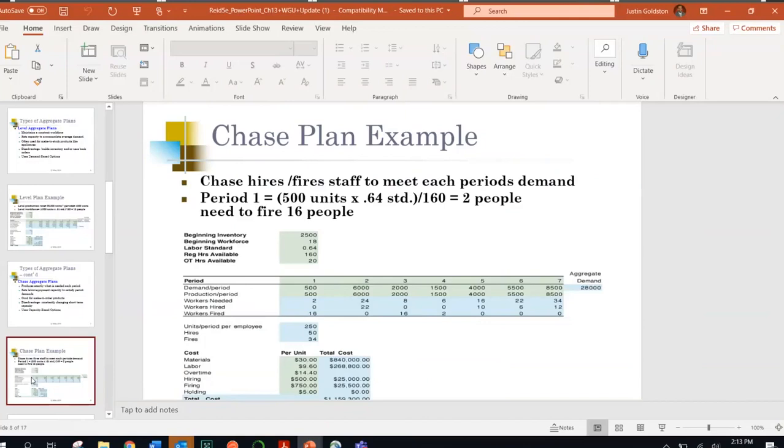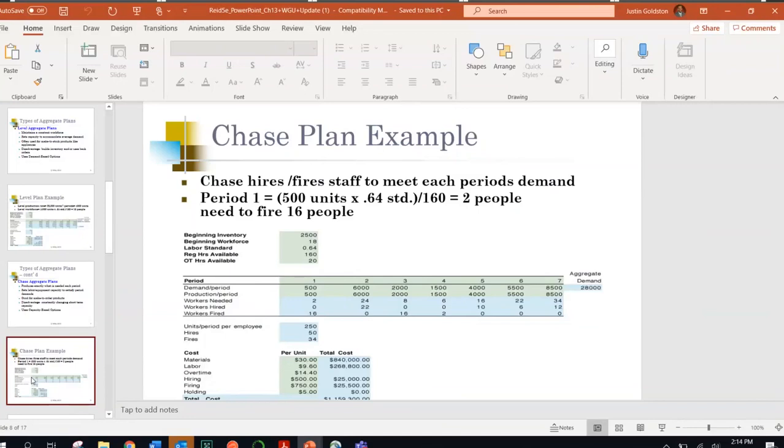Before Tesla built these gigafactories, so I'm waiting for my Cybertruck to roll off the factory line, before they built these gigafactories, they had a make to order strategy. So it was very difficult for Tesla to forecast how many cars they're going to buy at a given time. So they had this make to order strategy that would bring workers on whenever cars needed to be produced, and then they would lay workers off when that demand was low, for example.